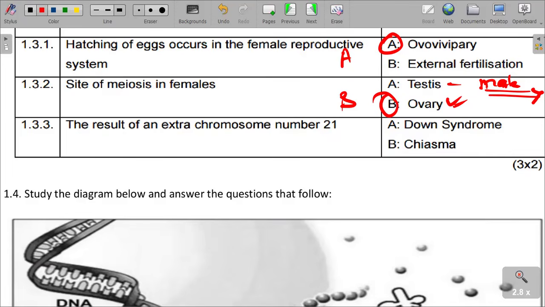It is the result of Down syndrome. Chiasma is the point of crossing over. So A is the answer. Down syndrome is the result of an extra chromosome. It is caused by an extra chromosome 21, which is caused basically by non-disjunction of chromosomes during meiosis.